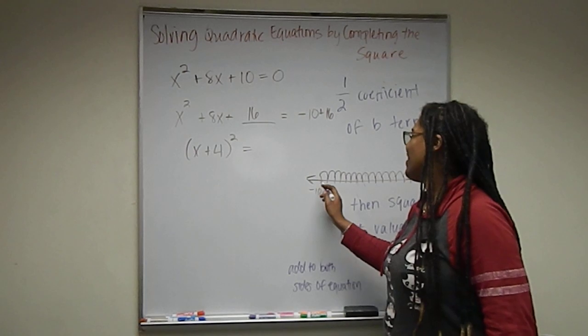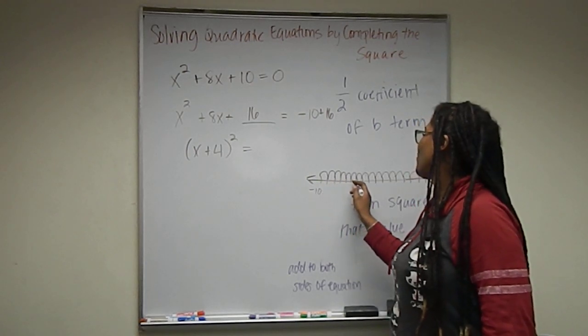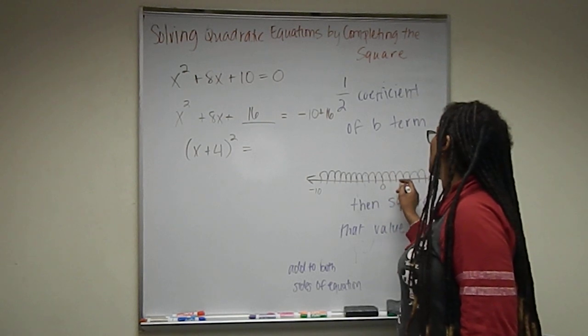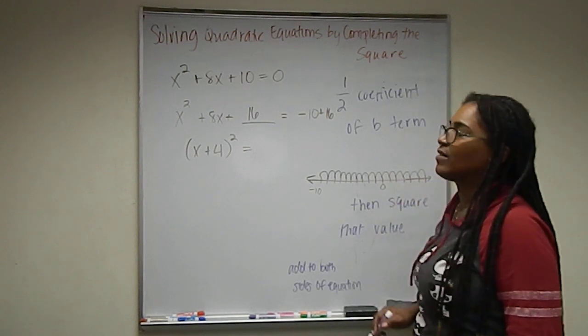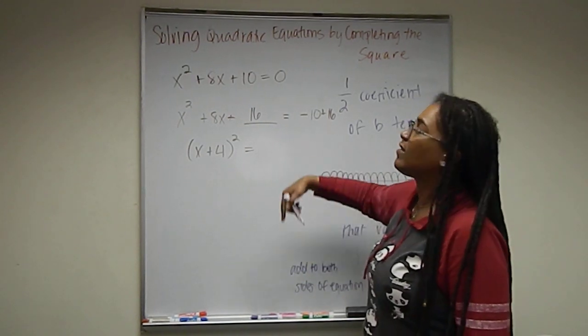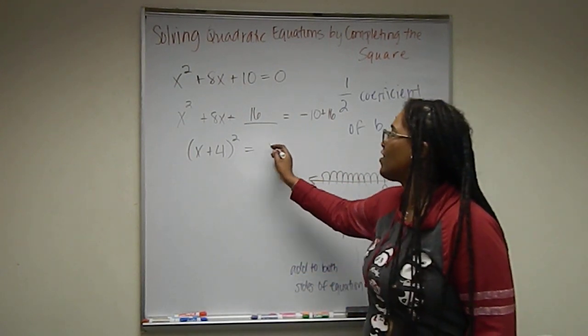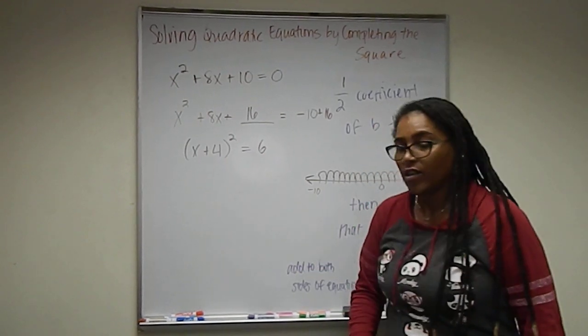Yay! Negative 10, 9, 8, 7, 6, 5, 4, 3, 2, 1, 0. Positive 1, 2, 3, 4, 5, 6. I'm sure most of you know this, but in case, this is the process. So it equals positive 6.